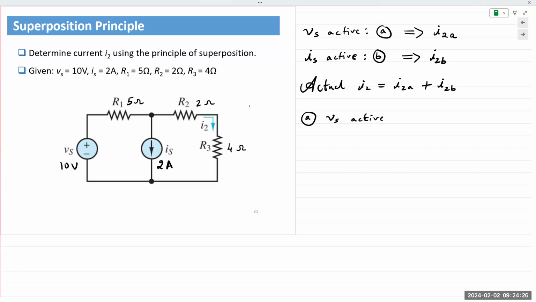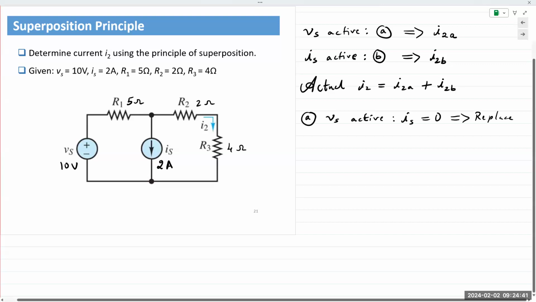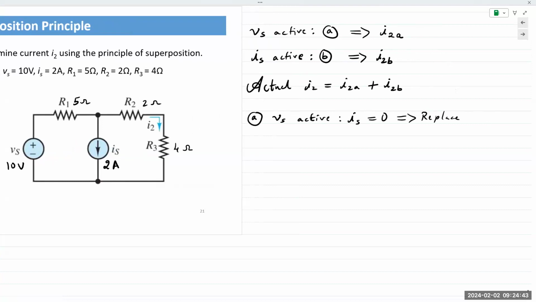So IS is equal to 0, replace with an open circuit. And so my circuit now becomes like this.